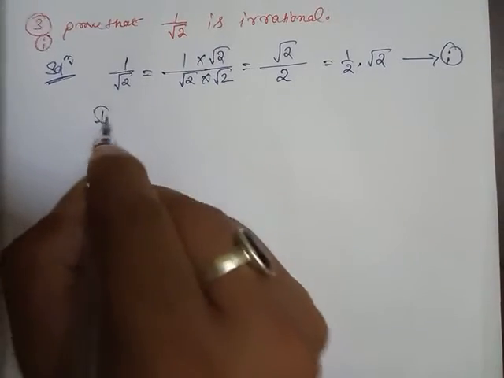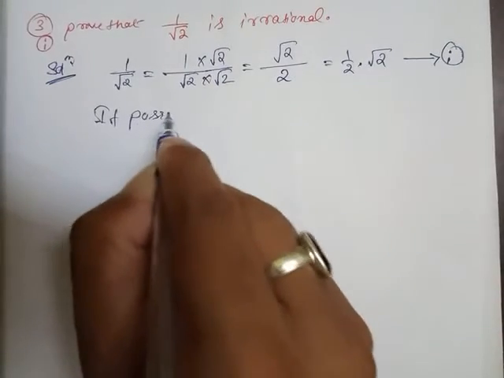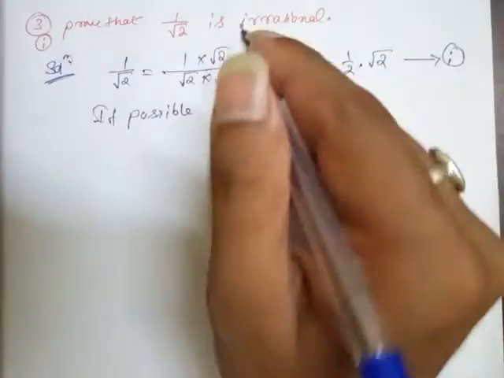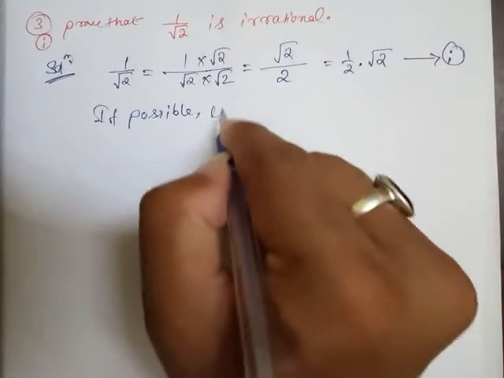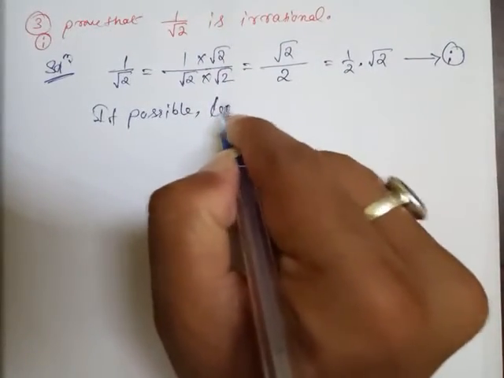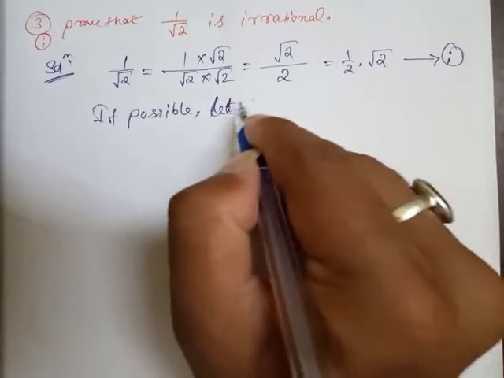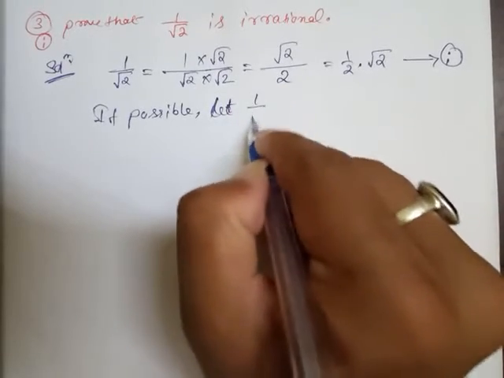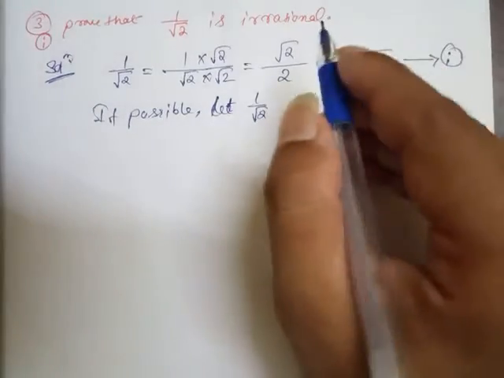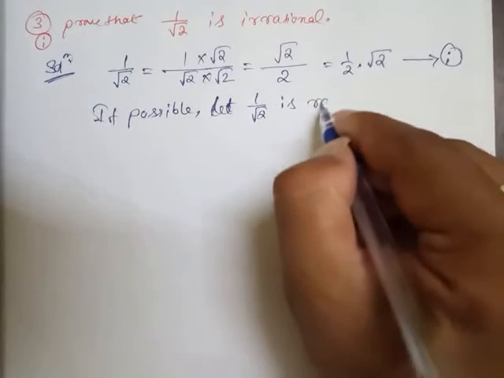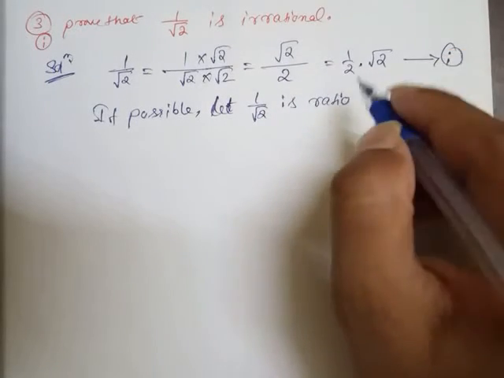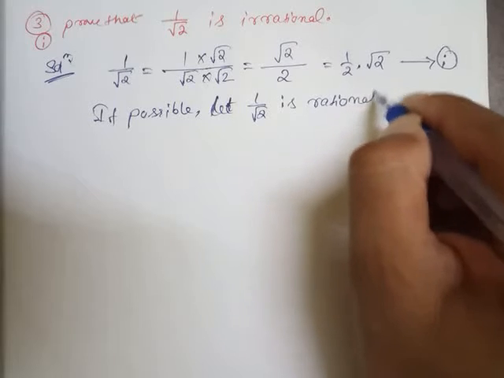If possible, let 1 by root 2 be rational. If possible, we are taking that 1 by root 2 is rational.